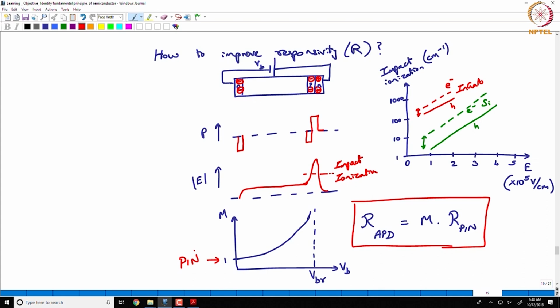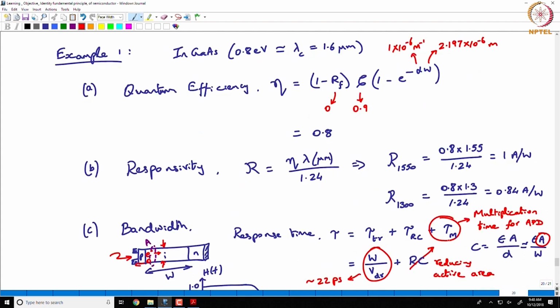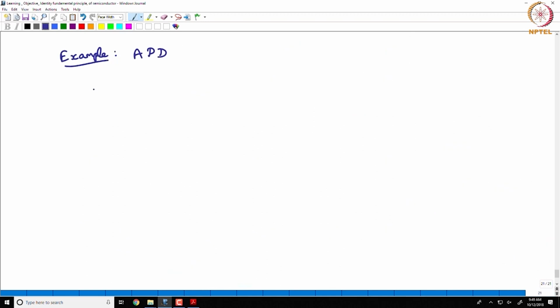Okay. By controlling the external bias, you are actually controlling the multiplication factor, and that will incur a certain extra time, right, and that will limit the bandwidth of your APD.